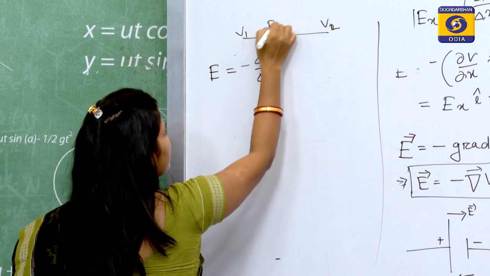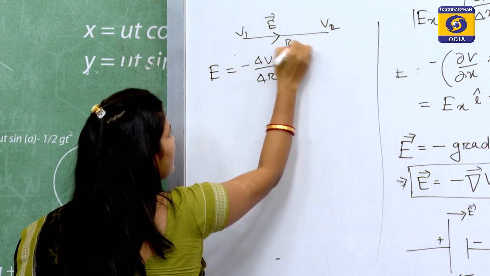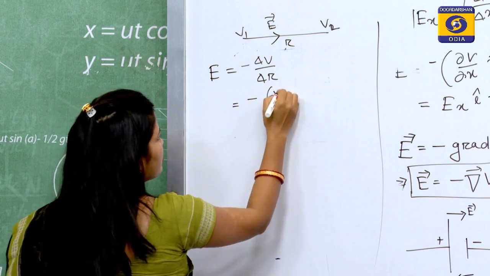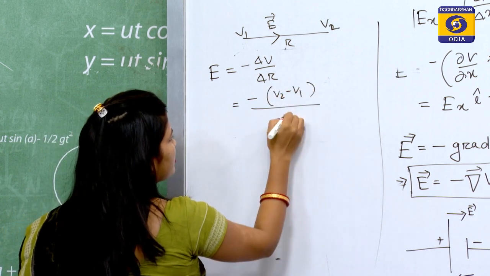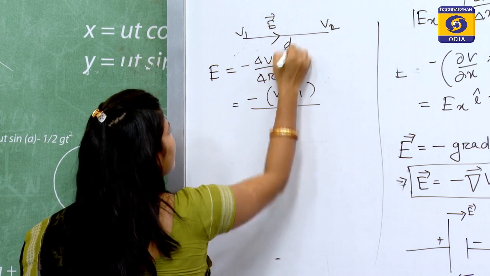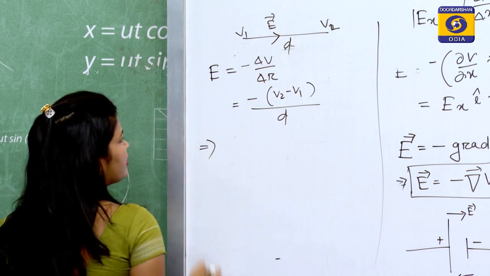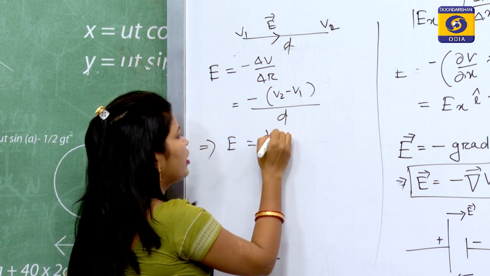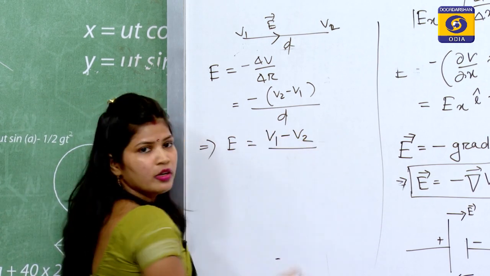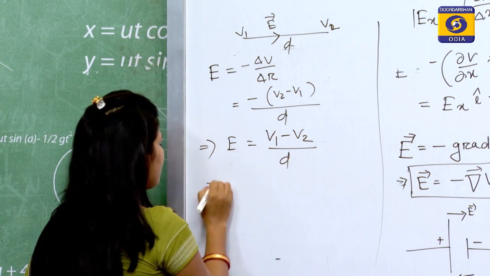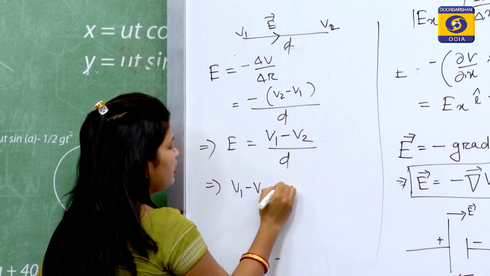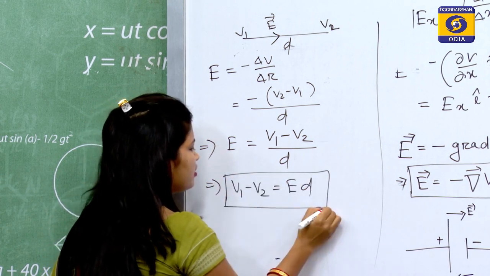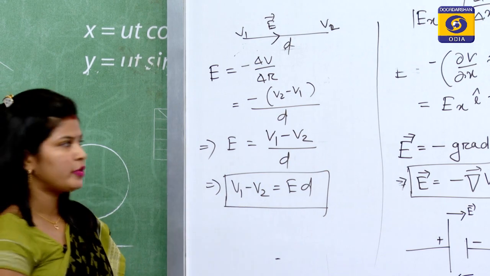Here the electric field direction is like this and the distance is r. So, the change in potential del V is V2 minus V1 and distance is suppose d. So, I can write here E is equal to V1 minus V2 upon d. So, V1 minus V2 is equal to E into d. This is the case in the uniform electric field.